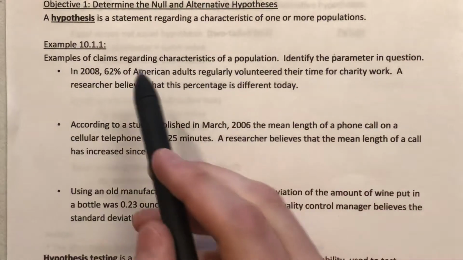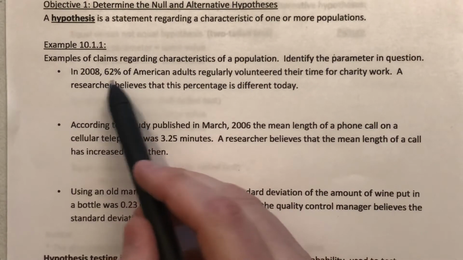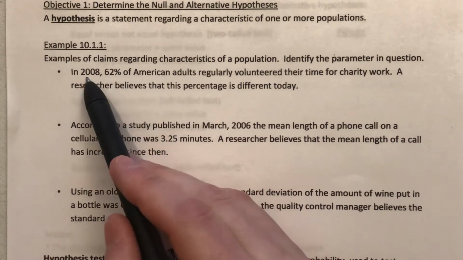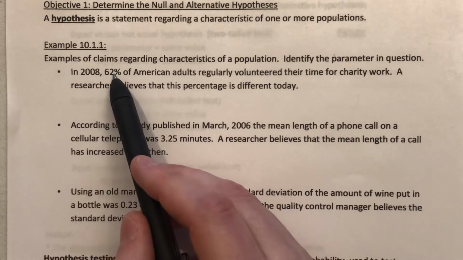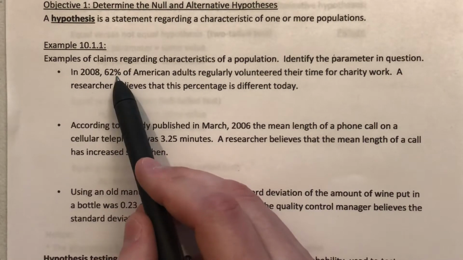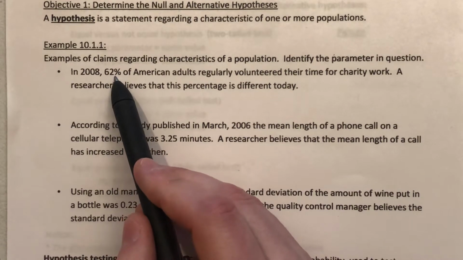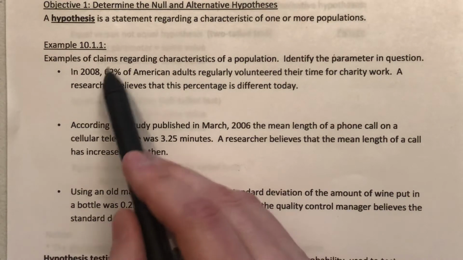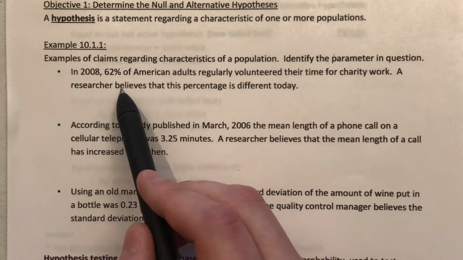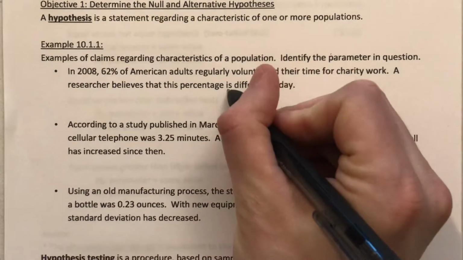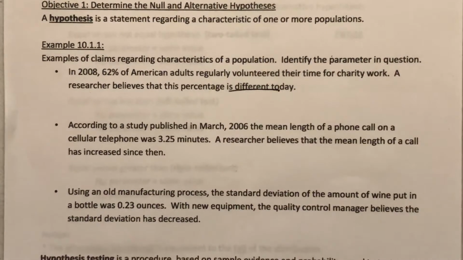So the statistic here, or actually what we call the parameter, this 62% was the believed to be true value back in 2008. It's a value of a percentage, which is like a proportion. So we would call this the population proportion. And so we're saying now a researcher believes that percentage is different. So with this word different, another way of thinking of that is to say it's not the same or not equal to.